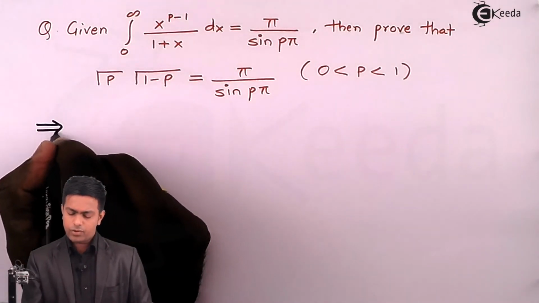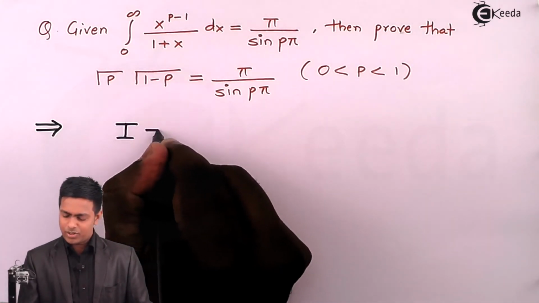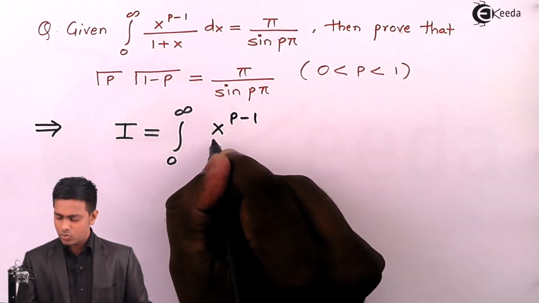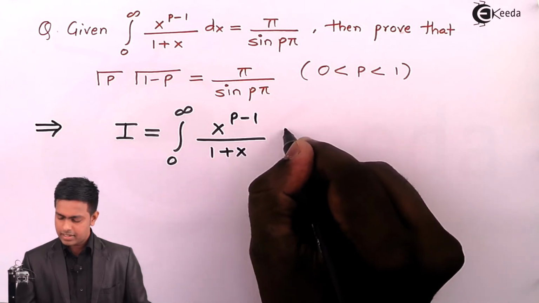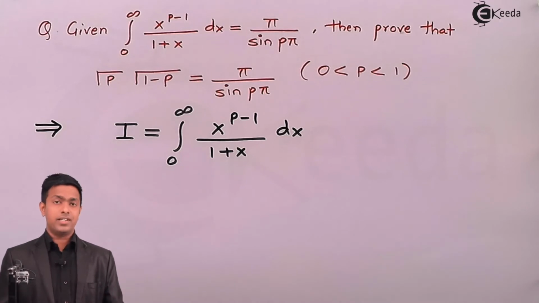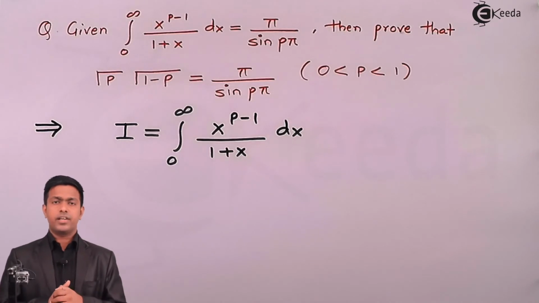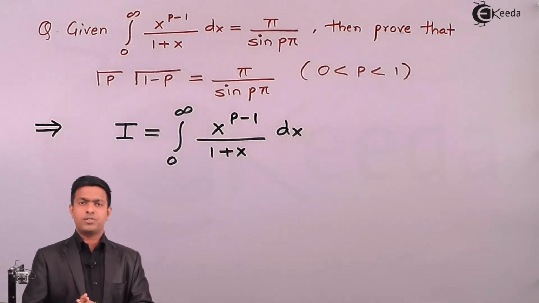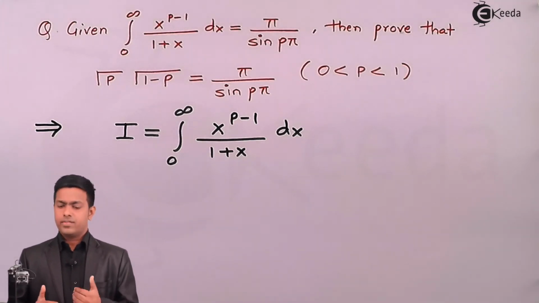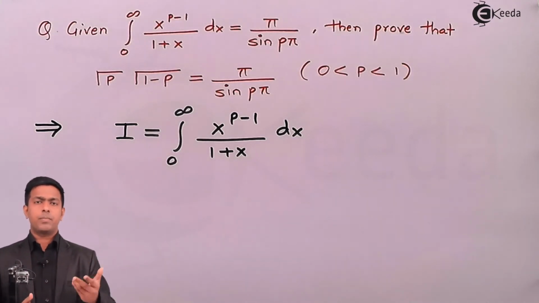First of all, I'll consider the given integration as I. So I is equal to the integration from 0 to infinity of x raised to p minus 1 upon 1 plus x dx. Now to evaluate this integration, if you see the limits, it is from 0 to infinity, and whenever the limit is from 0 to infinity, it reminds me of the substitution x equal to tan theta or x equal to tan square theta, because tan inverse of 0 is 0 and tan inverse of infinity is pi by 2, so it can give me 0 to pi by 2 limits.